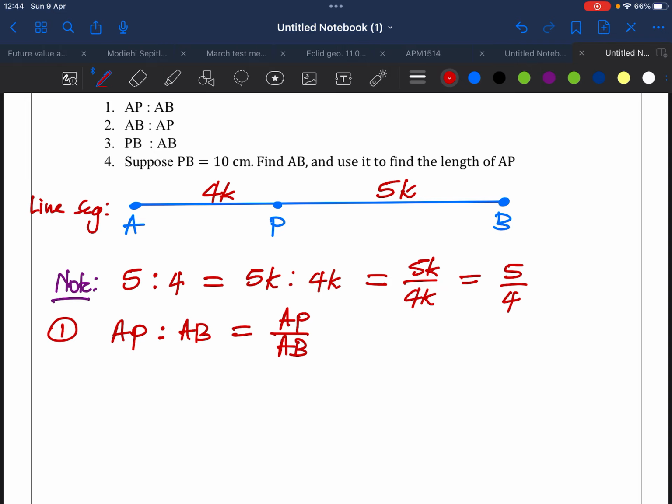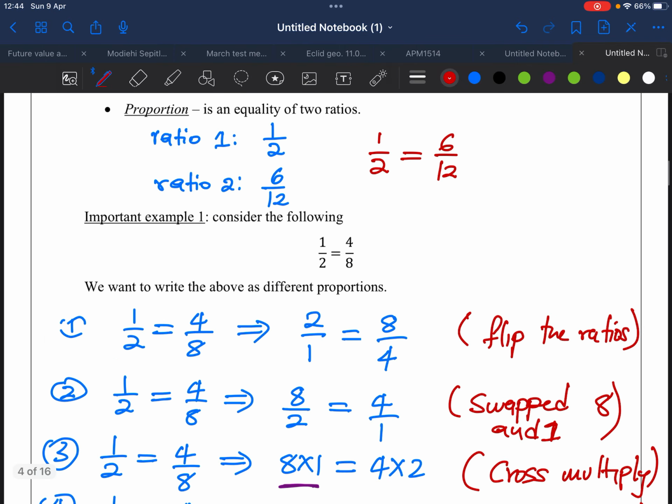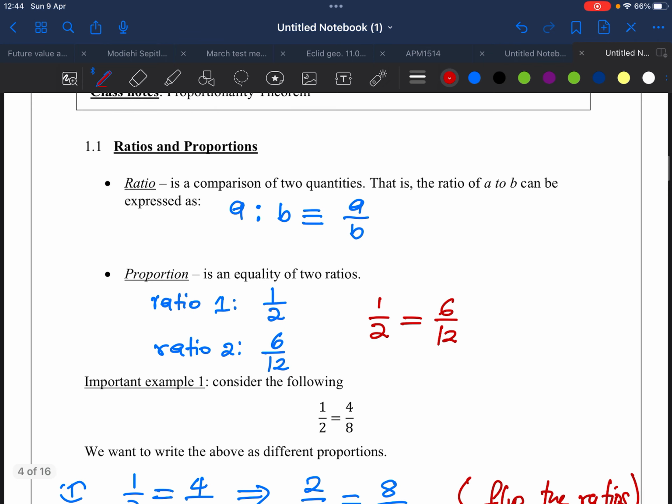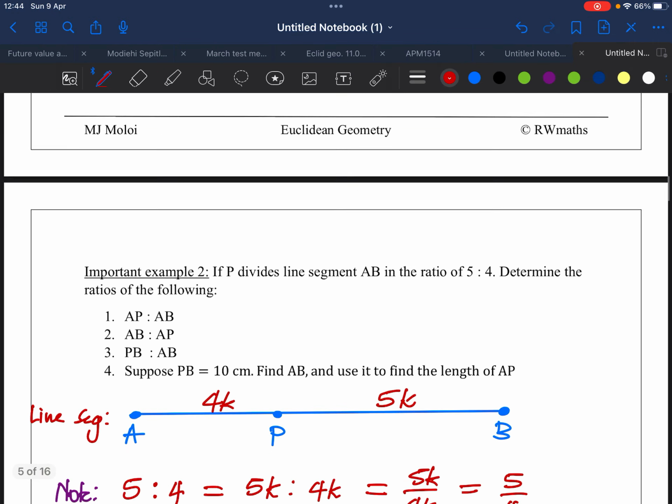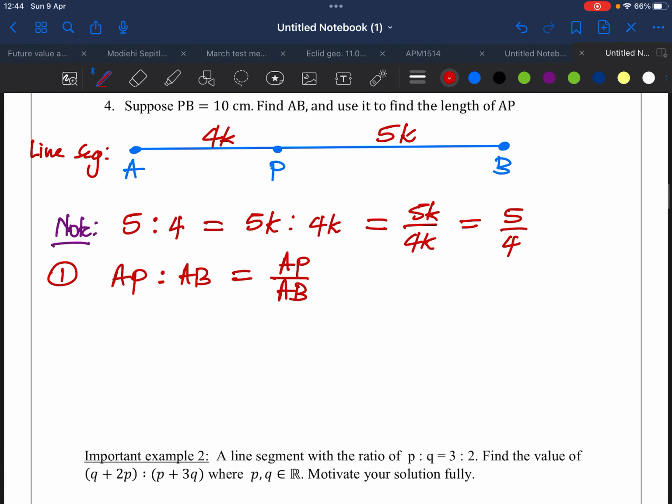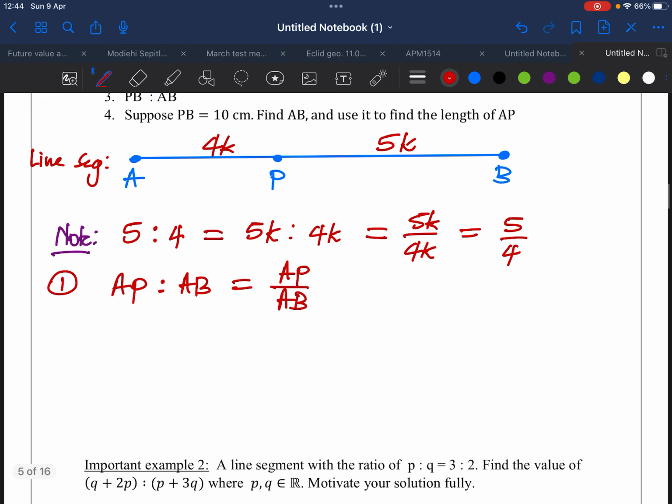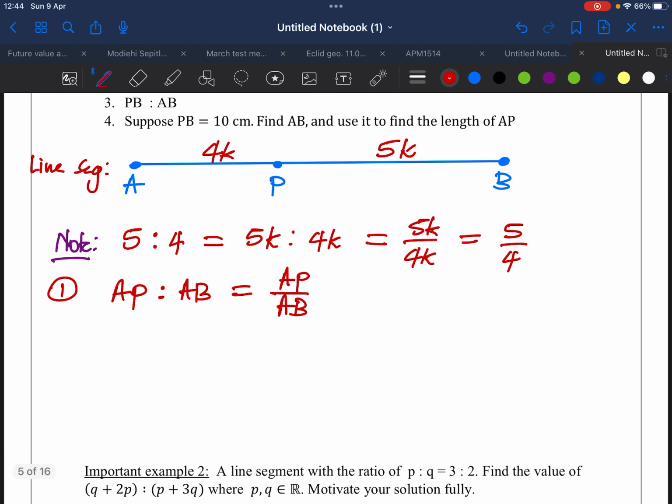We have learned that from the definition of ratio, that A is to B can be written as A over B. So they are logically equivalent. Now let us find AP from our sketch. We see that AP is 4K. What about AB?